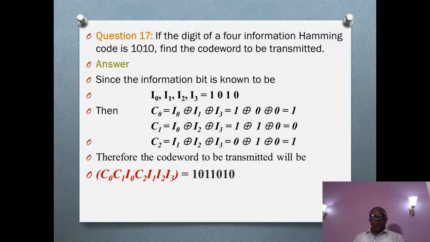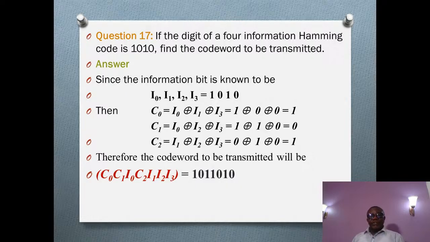So the code word now becomes, from what we had before, which is C naught, C1, I naught, C2, I1, I2, I3. You can now see from what we have here, C naught is 1, we put the 1. C1 is 0, we put the 0.